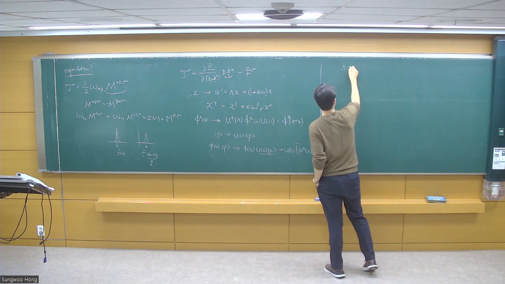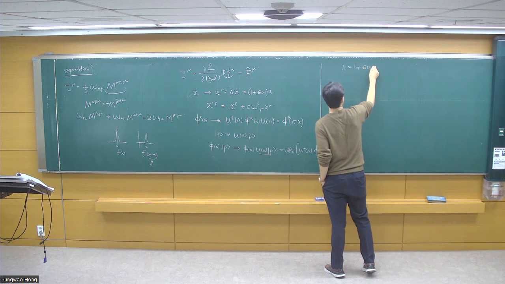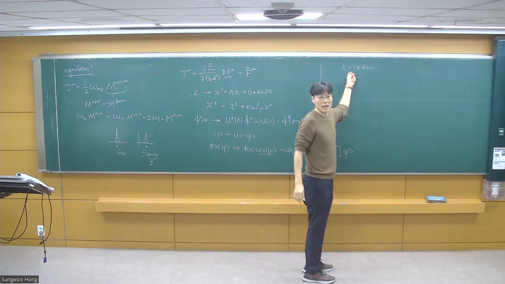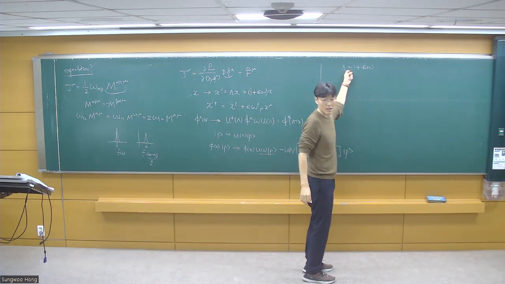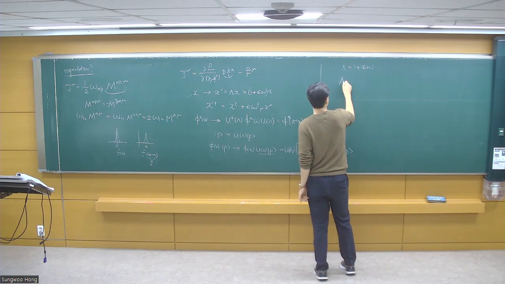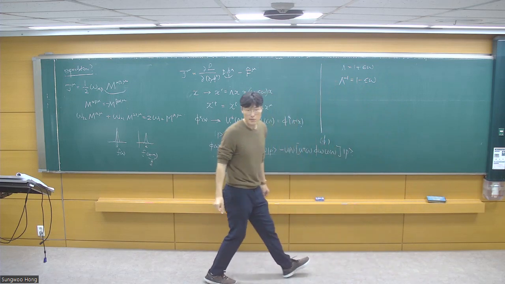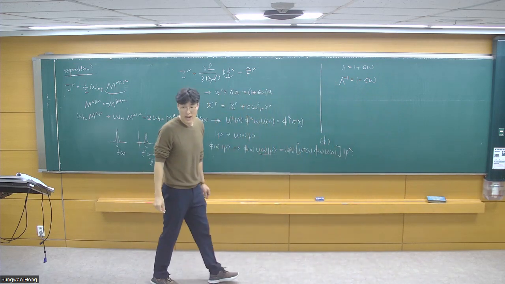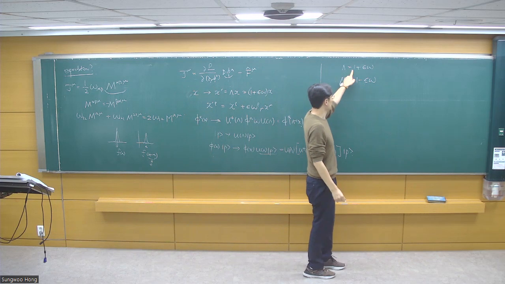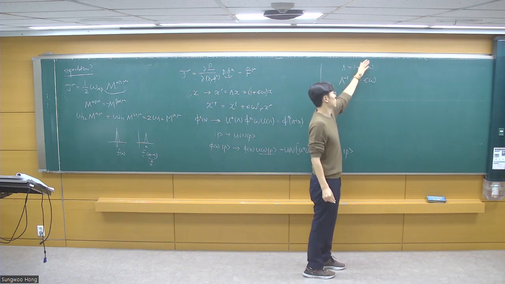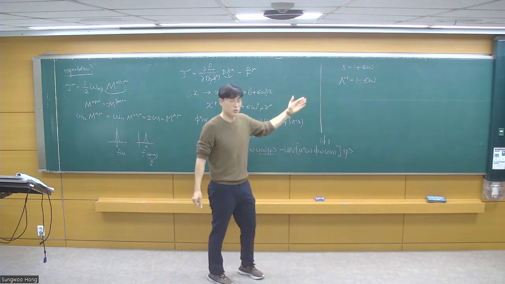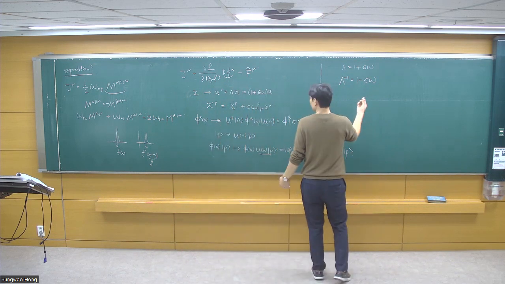So if lambda is 1 plus epsilon omega, is it this small by the way? Can you see from the back? Okay. Lambda inverse is 1 minus epsilon omega to leading order in epsilon, because the product of the two becomes 1 up to order epsilon squared. Okay, so that means good.